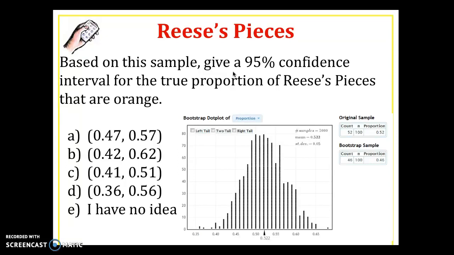All right, and the correct answer is B. So how do we get B? We take the sample statistic, 0.52, that's a p-hat, add or subtract 2 times the standard error, and that standard error is right here, it's the 0.05.